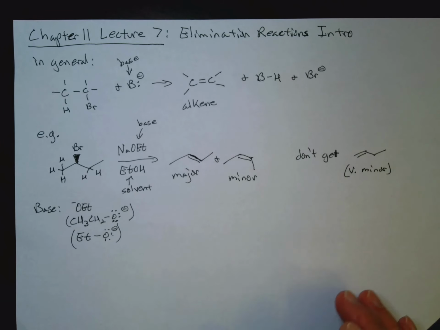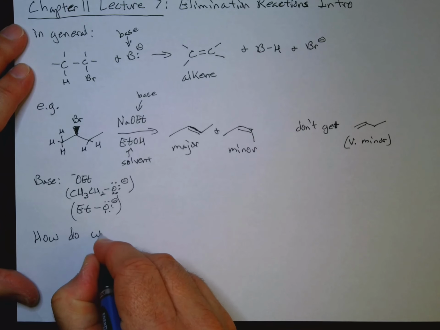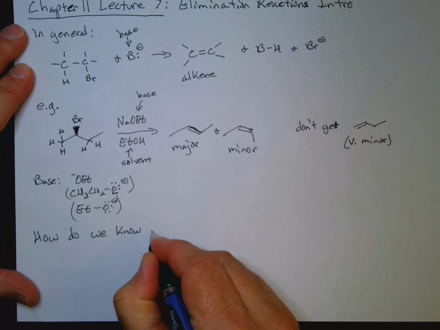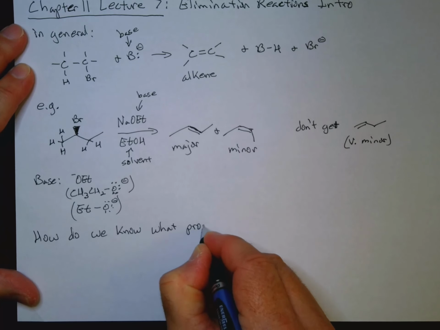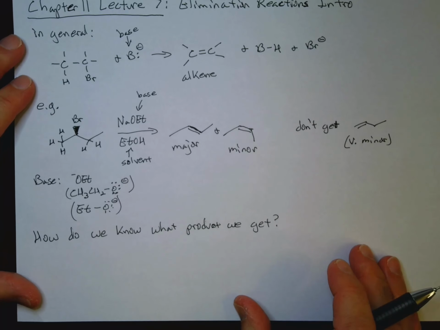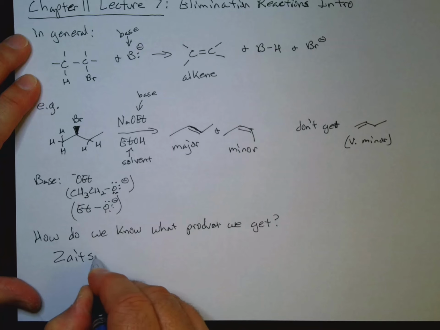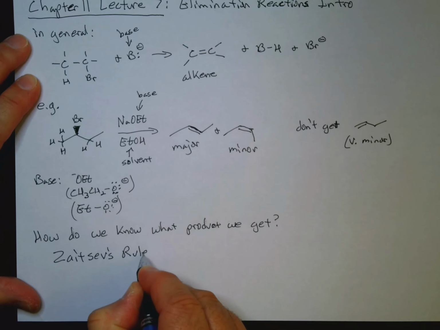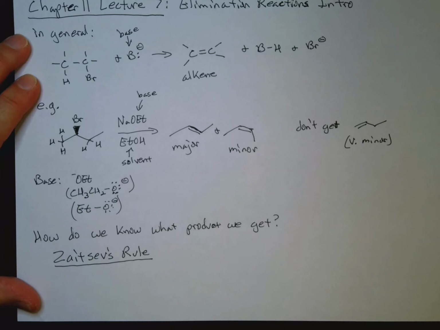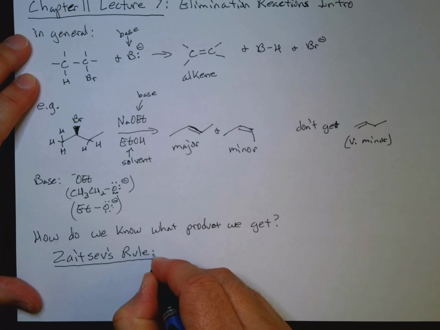Now, what determines what product we get? The rule that we're going to use here is Zaitsev's rule, sometimes called Saytzeff's rule, depending on how you convert the Russian into the Latin alphabet.